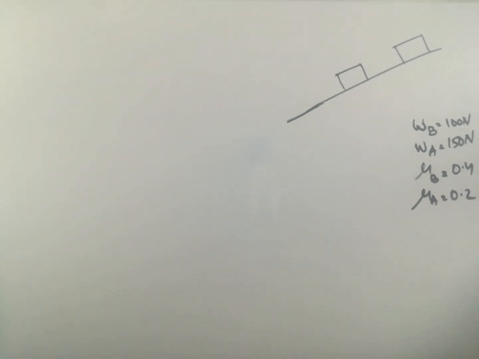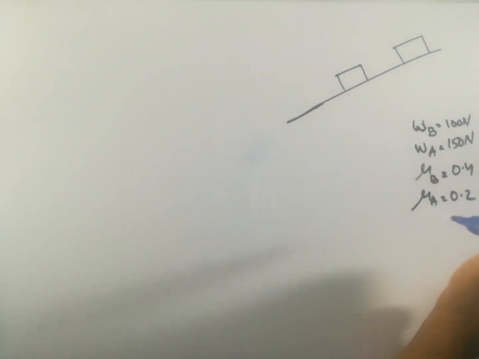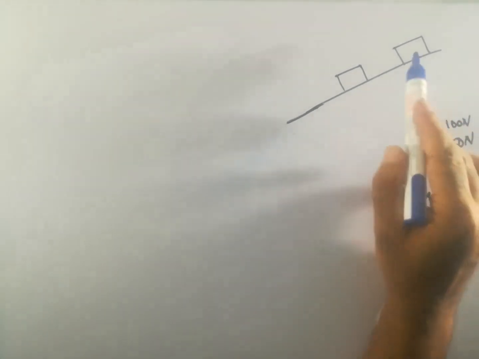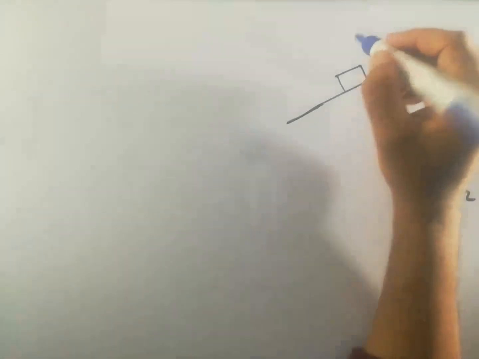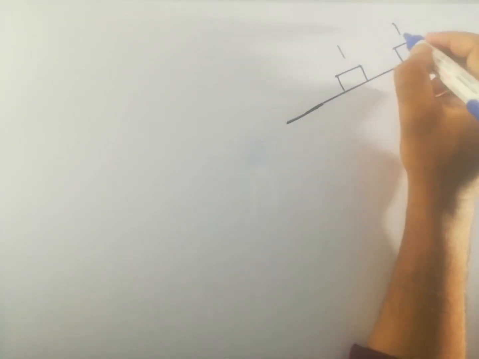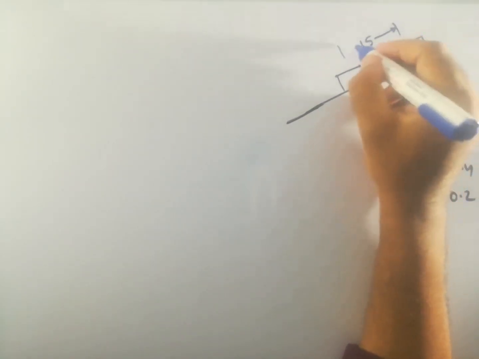That is, the coefficient of friction between block B and the plane is 0.4 and that between block A and the plane is 0.2, and they were 15 meters apart also. So this is 15 meters.